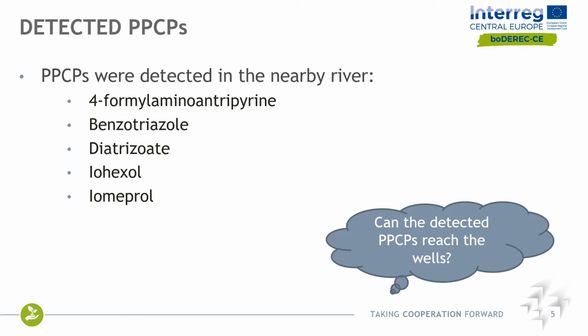These are 4-phenylamino antipyrine, benzotriazole, diatrizoate, and iohexol, as well as iomeprol. Now the question may arise if these PPCPs can also be detected in the pumping wells. For this, modePROCON can be used.